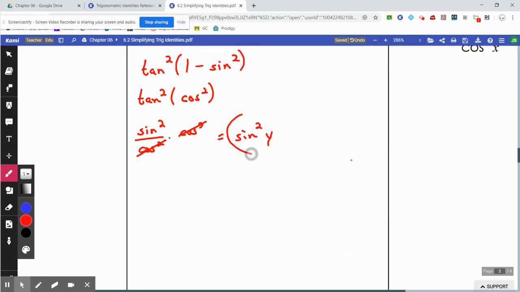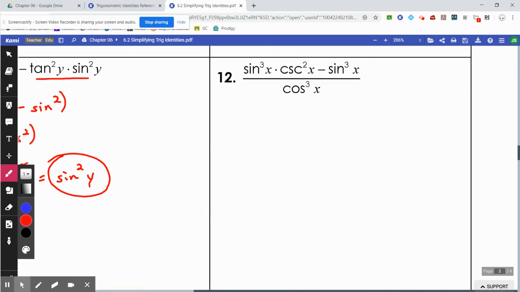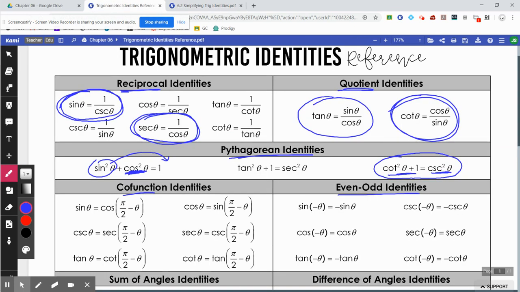Okay, our last one, number 12. We have sine to the third, and again, notice the top. We can factor the top. Both of them have sine to the third, so let's do that first. So sine to the third times cosecant squared minus 1 over cosine to the third. Inside of these parentheses, cosecant squared minus 1.